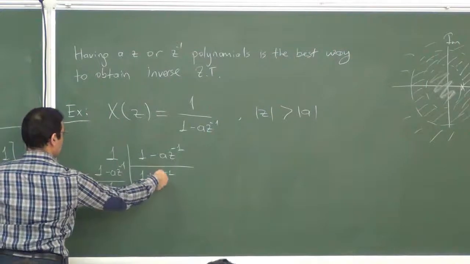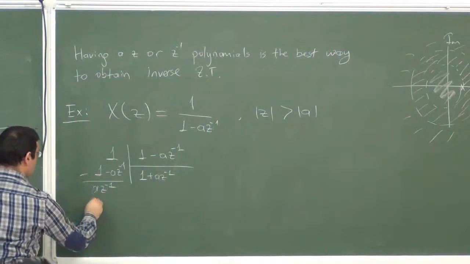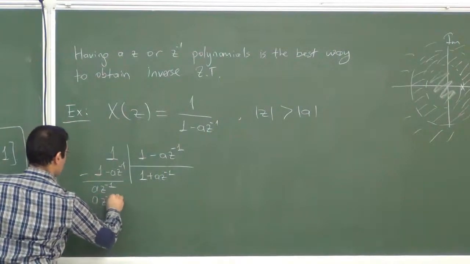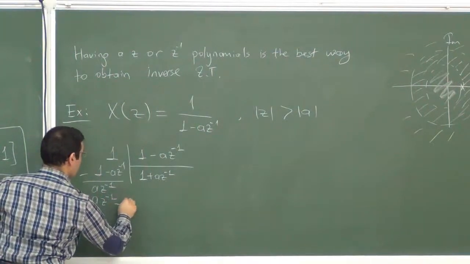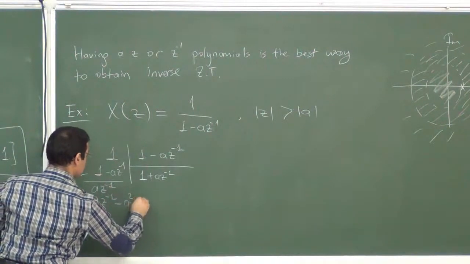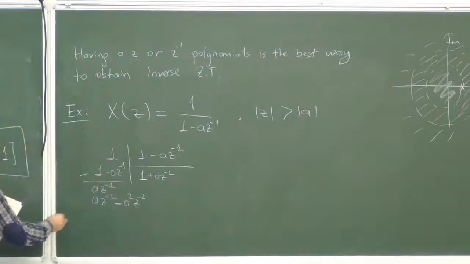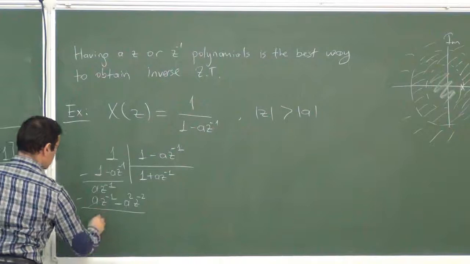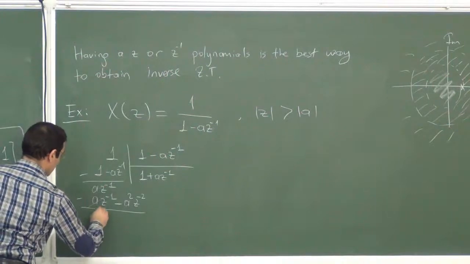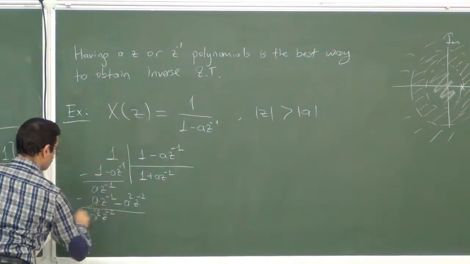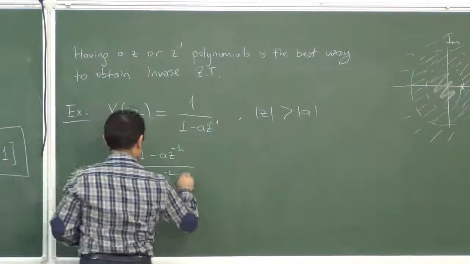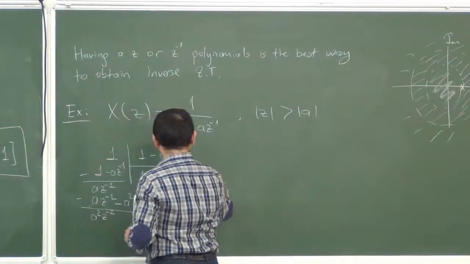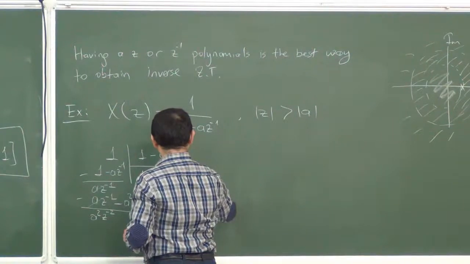If you multiply this with this term, it is equal to a z to the minus 1 minus a squared z to the minus 2. And subtract this expression. These terms will cancel, and it is a squared z to the minus 2 in this case. So plus a squared z to the minus 2.